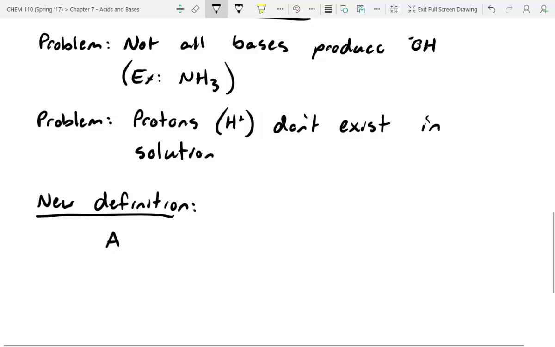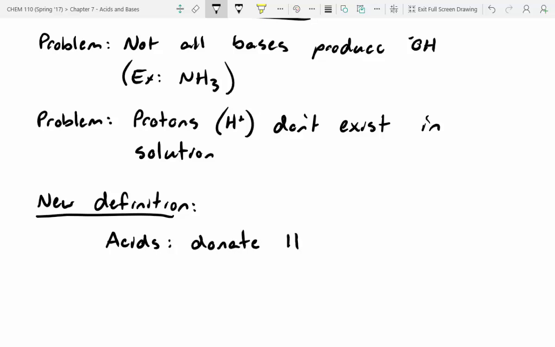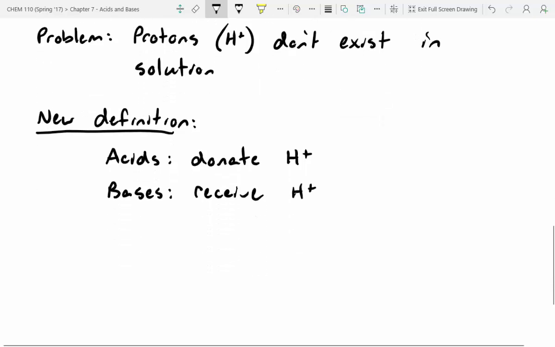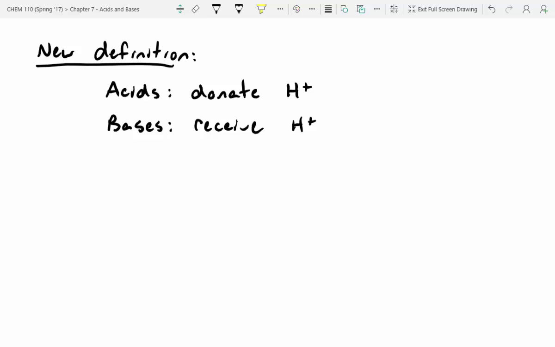The new definition is that acids donate protons and bases receive protons. So the way I like to describe this is more of a handoff of a proton. The proton's not existing by itself in solution, it's getting handed off.